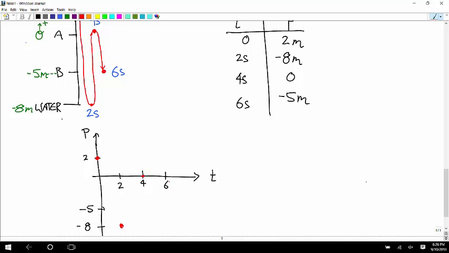And then the last one is time 6 seconds, position negative 5. And you can just draw straight lines between those, but it would look something like that if you really measured where and when the person was through that whole motion.